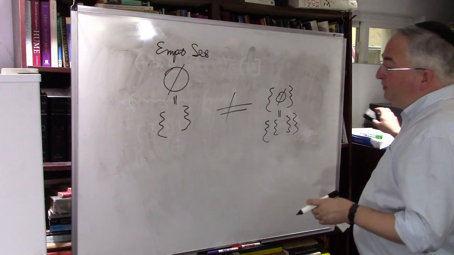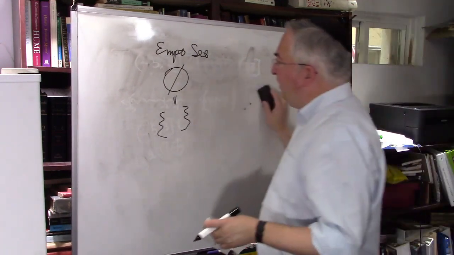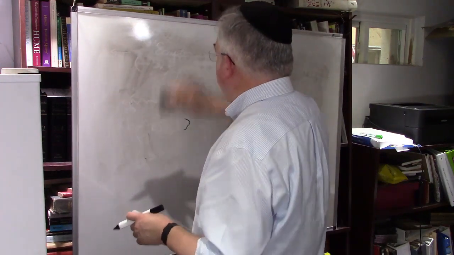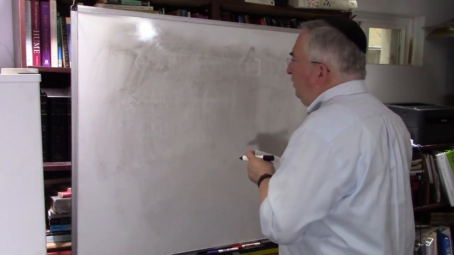Okay, so this is the empty set, and the empty set has the following property, which is a little bit counterintuitive, but important.